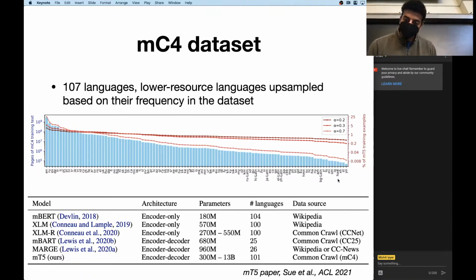All the way down to low resource languages, right? This is on a log scale again. Some of these languages have a very small number of tokens compared to English, which is obviously the biggest by far.